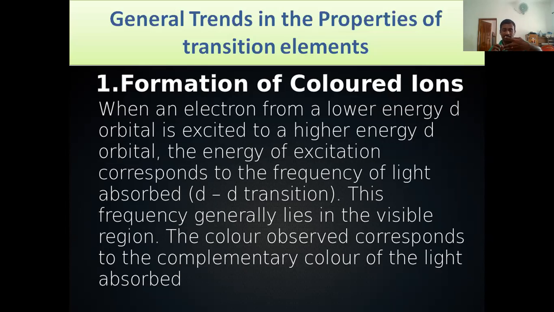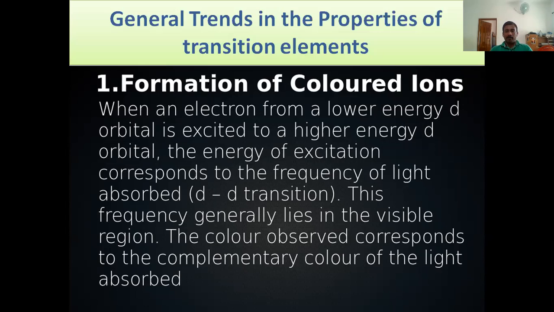In such cases, promotion of electron from lower d orbital to higher d orbitals is possible. This transition is known as D-D transition. And this energy gap, or the energy required for this transition, is in the visible region. Therefore, transition metal compounds are colored. So what is the reason for the color of transition metal compounds? Simply you can write D-D transition.